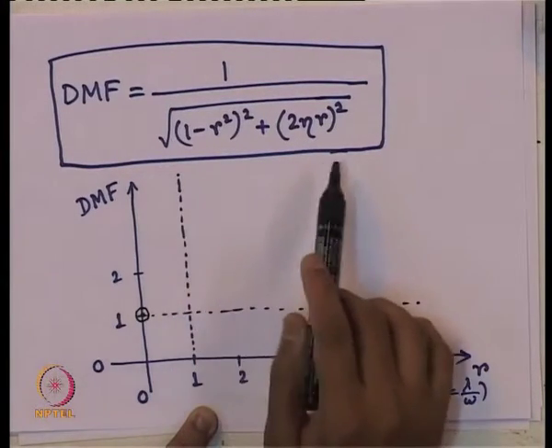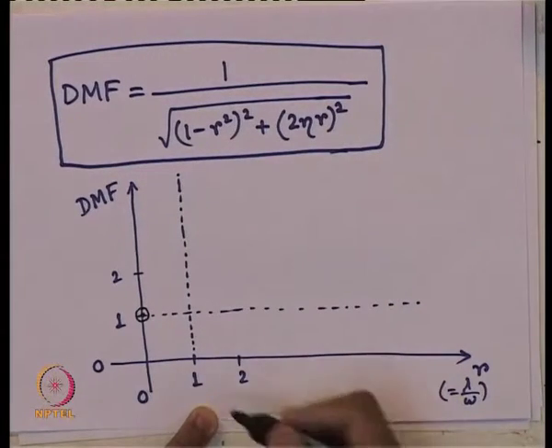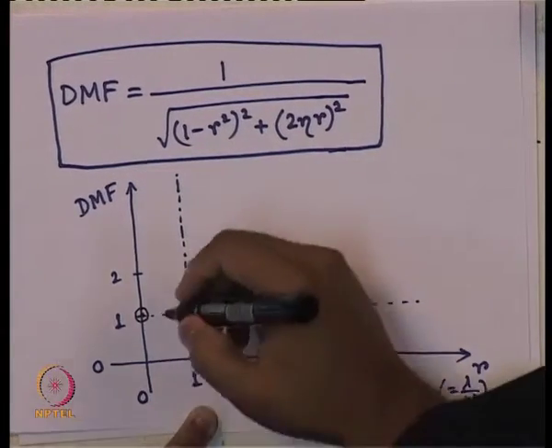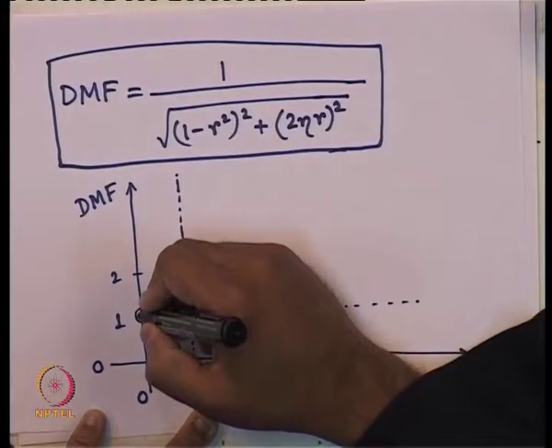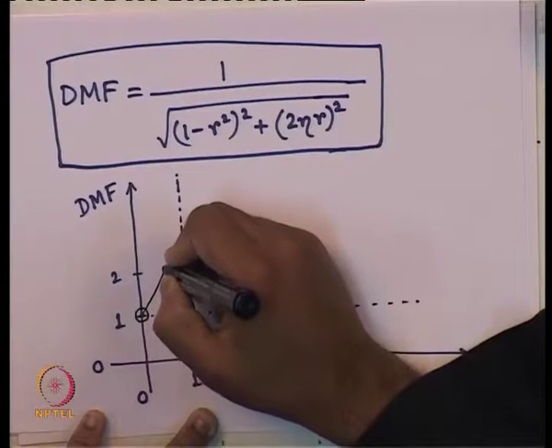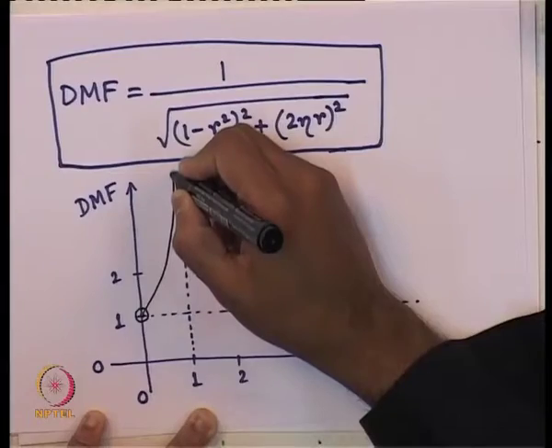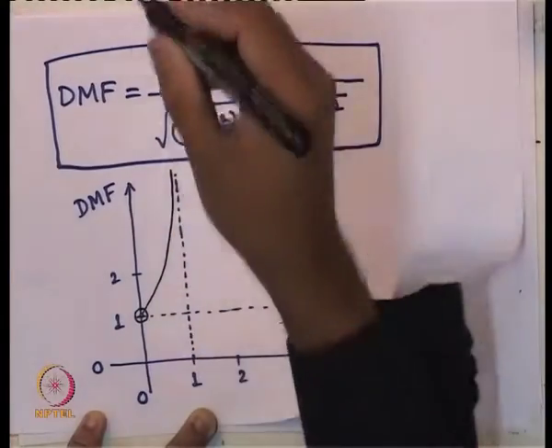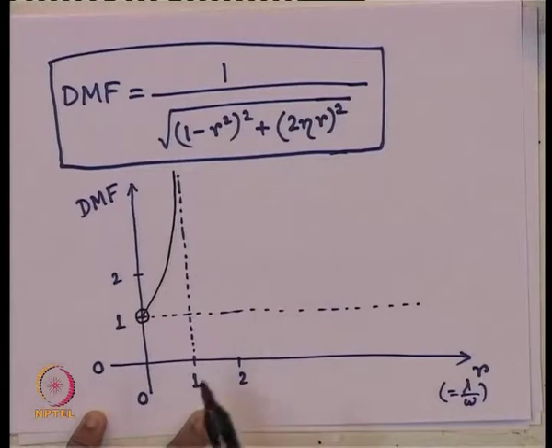So, what does it become? 1 by 0 means infinity. So, at r equals 1, it goes to infinity. So, how should the variation be? The variation should be something like this. Close to r equals 1, it will be tangential to this line, it goes to infinity.